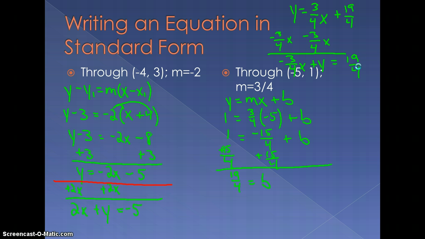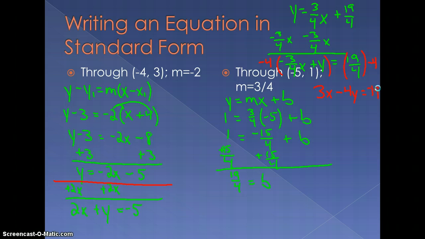And the last thing we'll do here is multiply both sides. It's nice that the denominator is 4, but I'm going to use negative 4 just so we have a positive coefficient here. That'll give me 3x minus 4y is equal to negative 19, which is the standard form of that last equation.